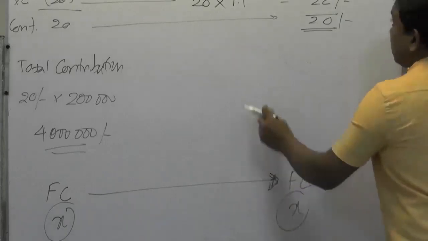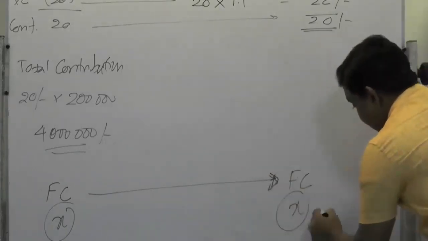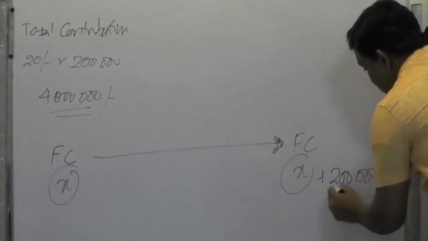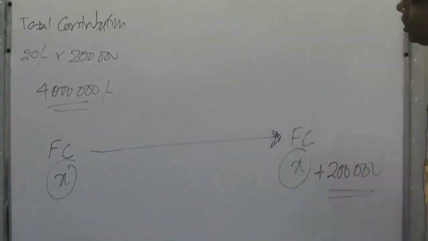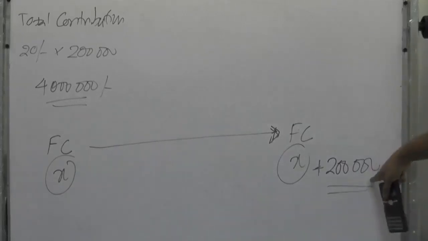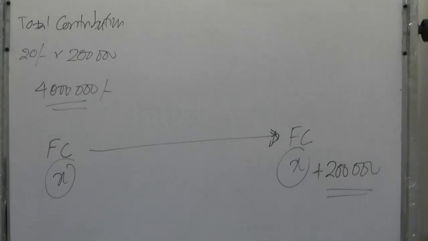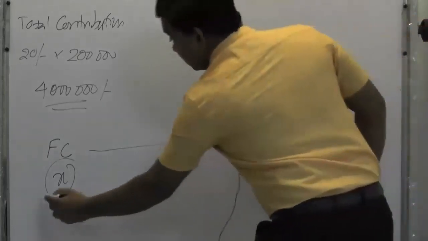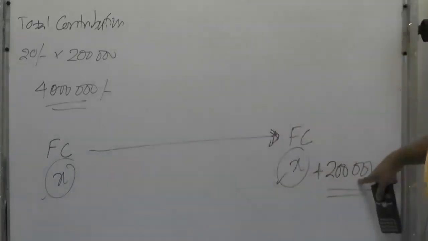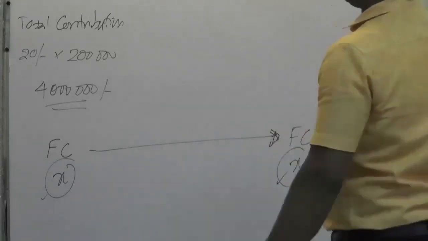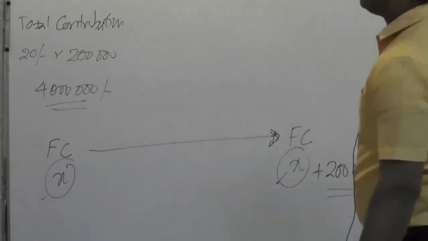However, when it comes to the present situation, it is increased by 200,000. That means you have an additional fixed cost of 200,000 rupees that needs to be considered under the present situation. Only this 200,000, because x is common for both cases. Now the question is, what is the impact on profit due to the above changes?